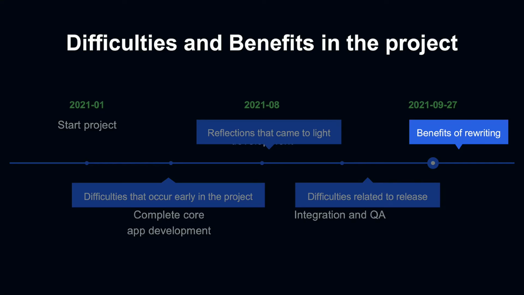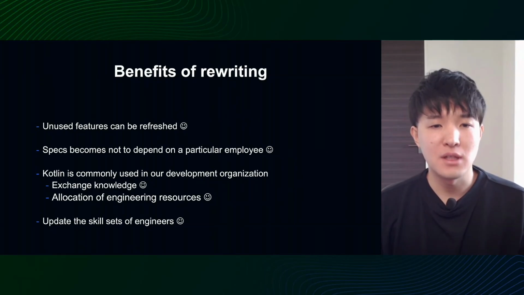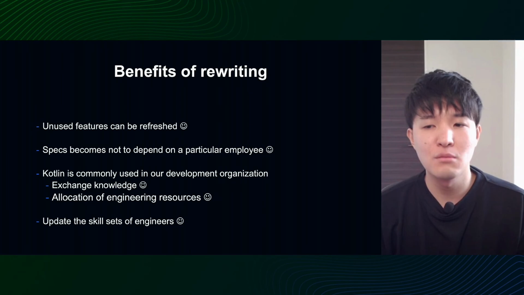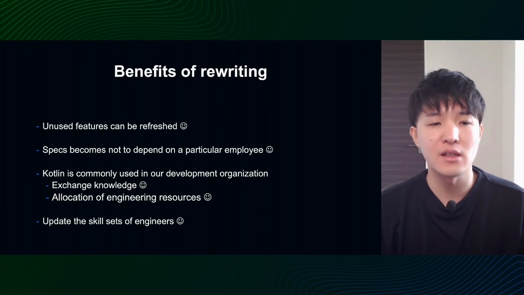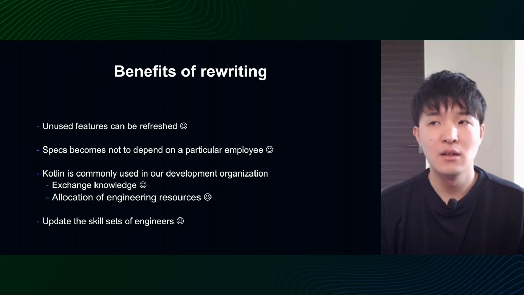Lastly, I'd like to share with you some benefits of rewriting using a different language. Four of them. Number 1, unused features were all refreshed. That was good. And number 2, there were engineers who joined newly. Therefore, they required well-documented specifications.